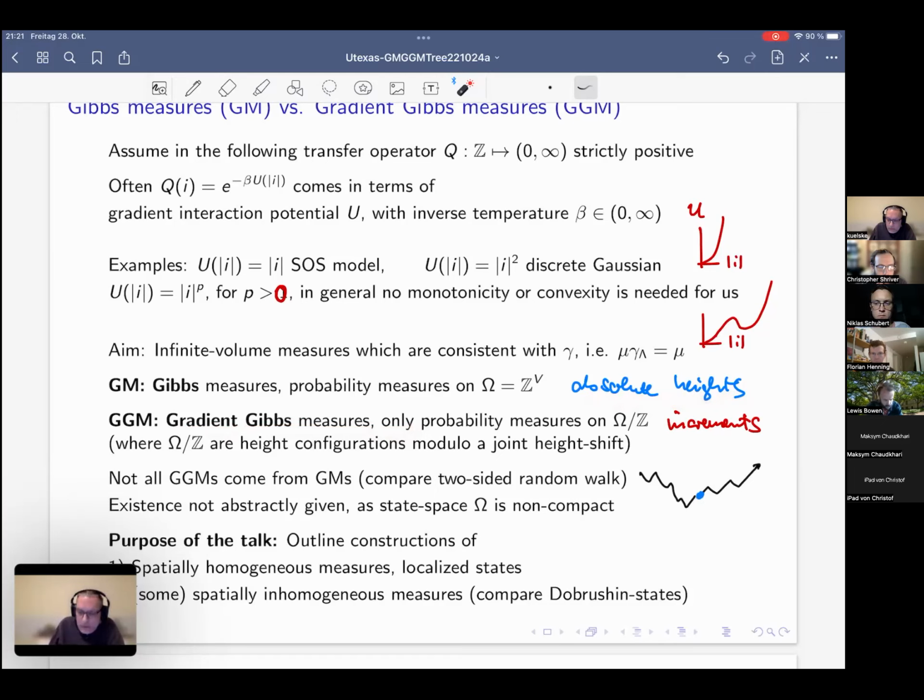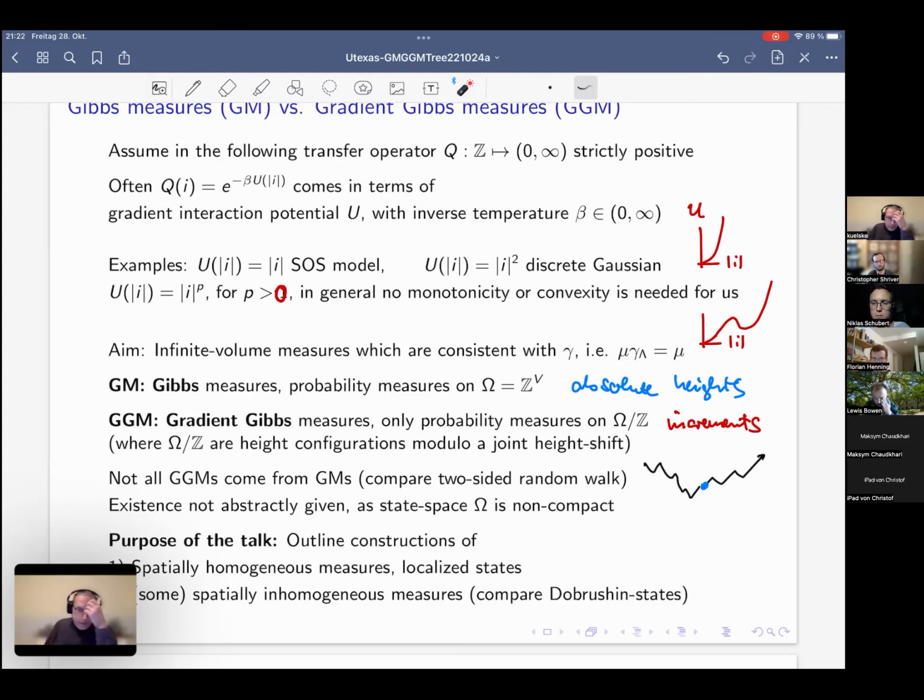You consider only probability measures on omega modulo a joint shift z, where you shift this thing in the height direction jointly, and consider only observables which are insensitive with respect to these joint height shifts. And then you can write this DLR equation, skipping some technical details, if you're looking only at such functions which have this independence with respect to joint height shift.